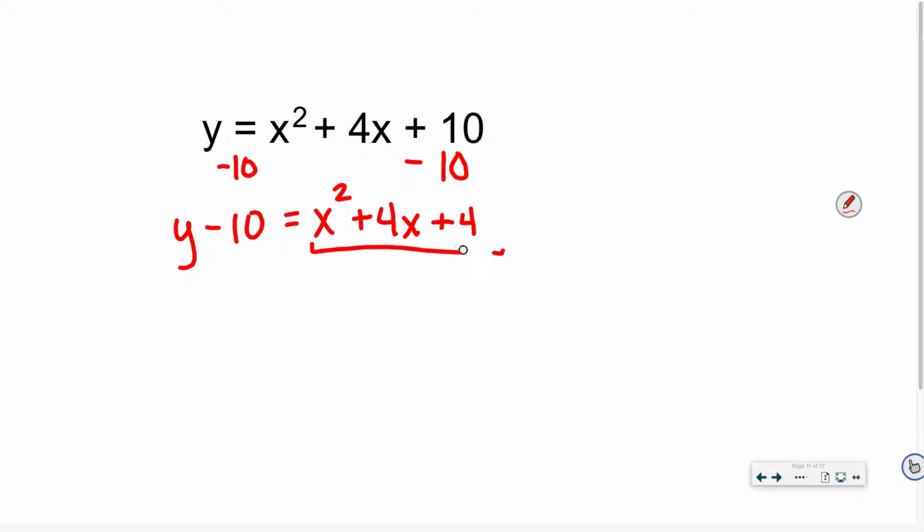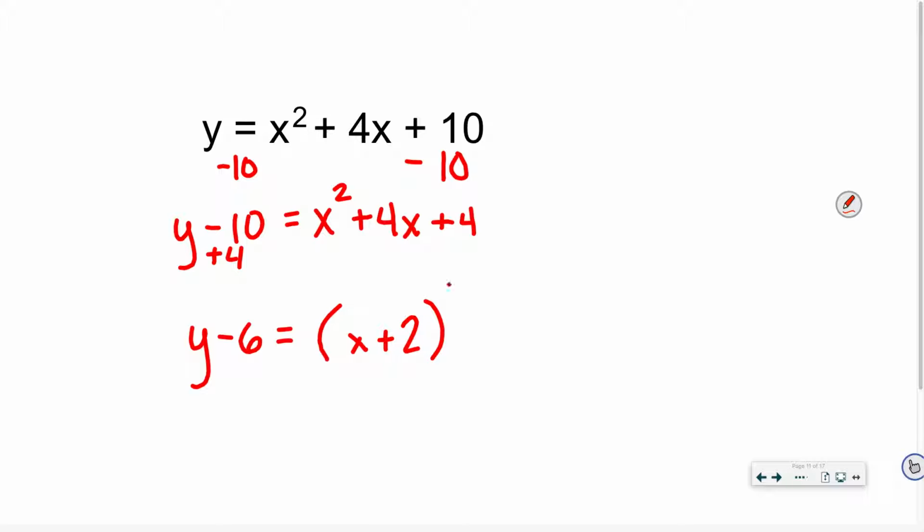If I add 4 to the right side of my equation, what else must I do? I must add 4 to the other side. So my equation becomes y minus 6 equals what? Yeah, I could rewrite it at this point if I wanted. If you wanted to write out the trinomial before factoring it, you could.